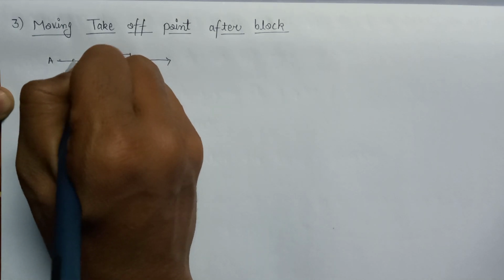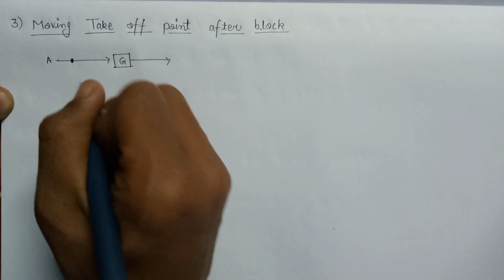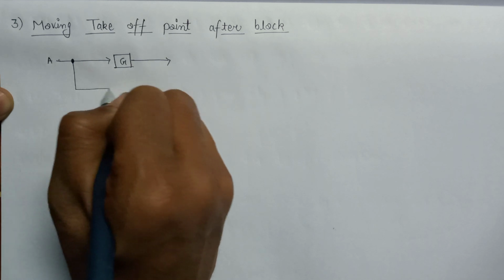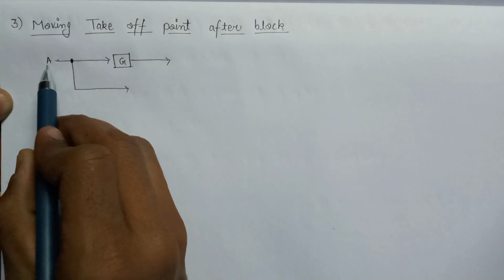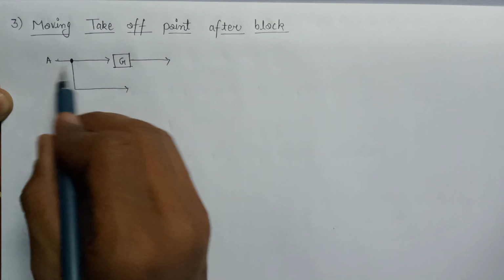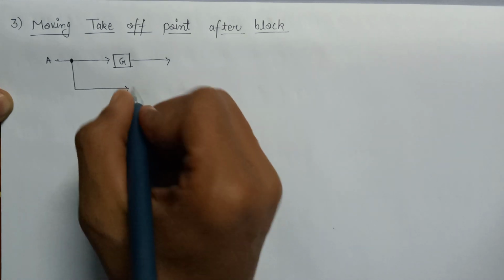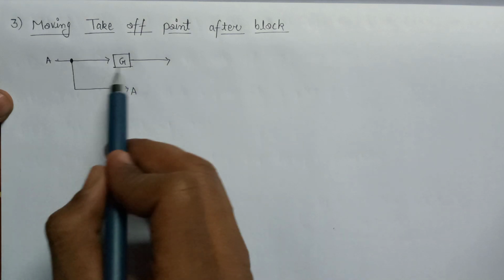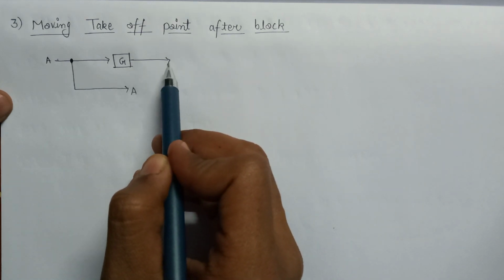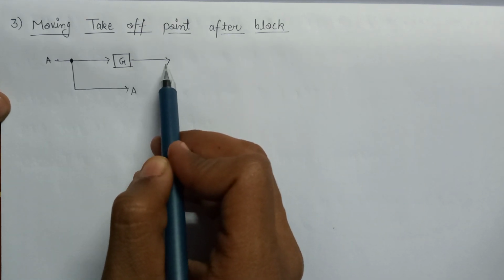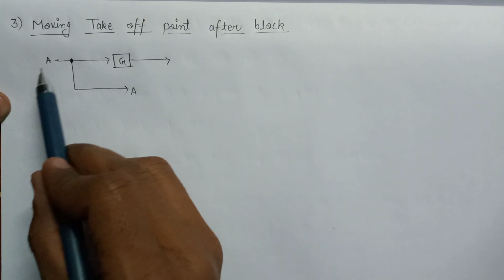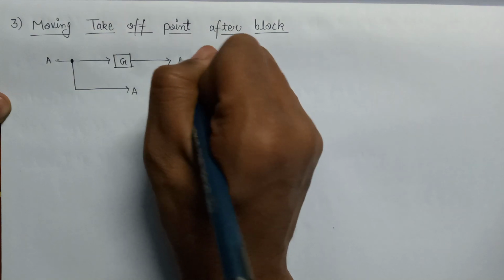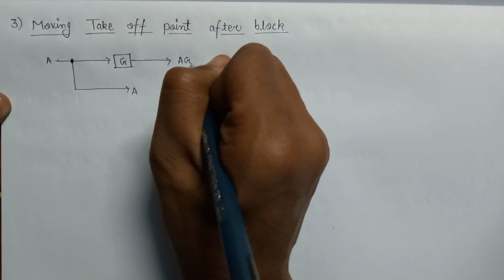Here is the one takeoff point, and here the takeoff point output will also become this A because nothing is there in the path. That's why we will also get A here. And if we evaluate the output of this branch, then here the output will become the multiplication of input and this gain. So it will be equal to A into G only.